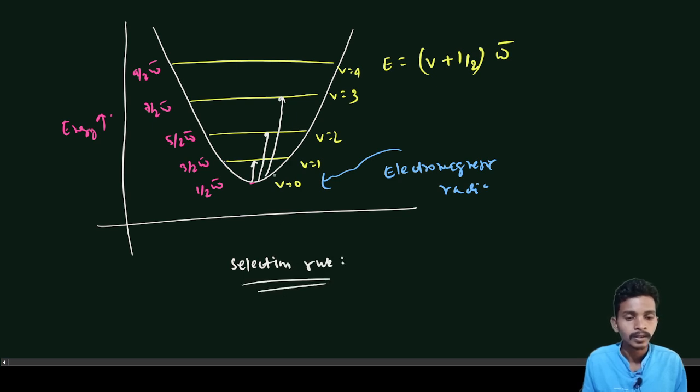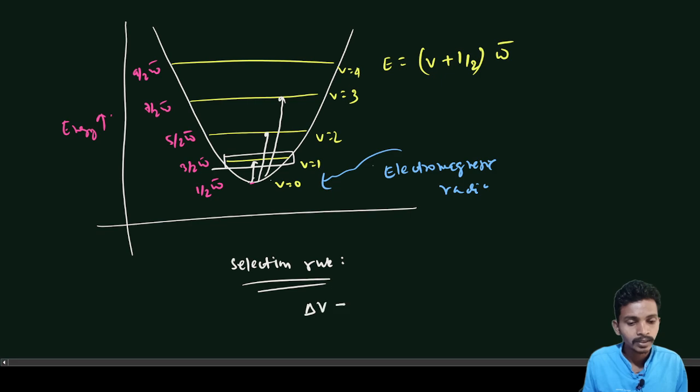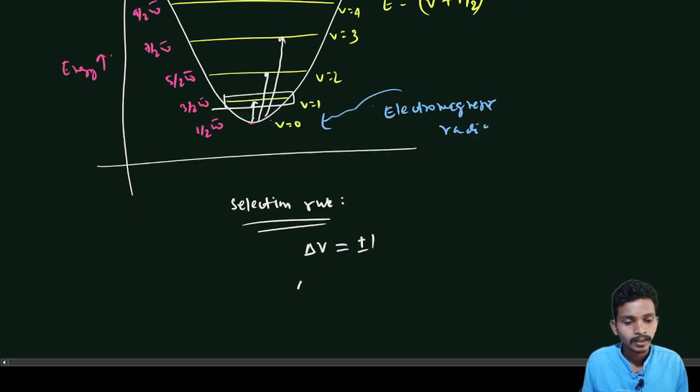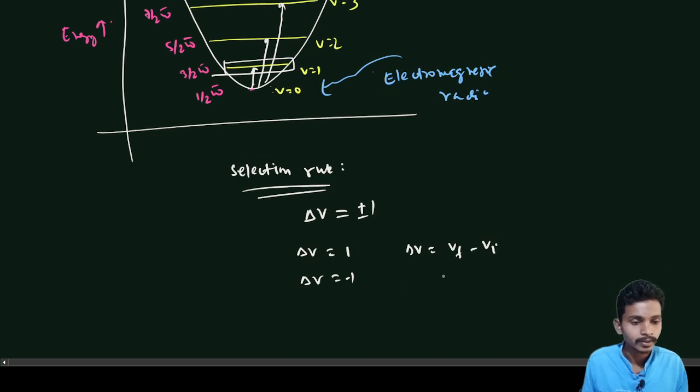After experiments, what they found is that it will shift only between adjacent energy levels; it will not shift from here to here. That means delta v is equal to plus or minus 1 only. Delta v means v final minus v initial, so from 0 to 1, final minus initial is 1.